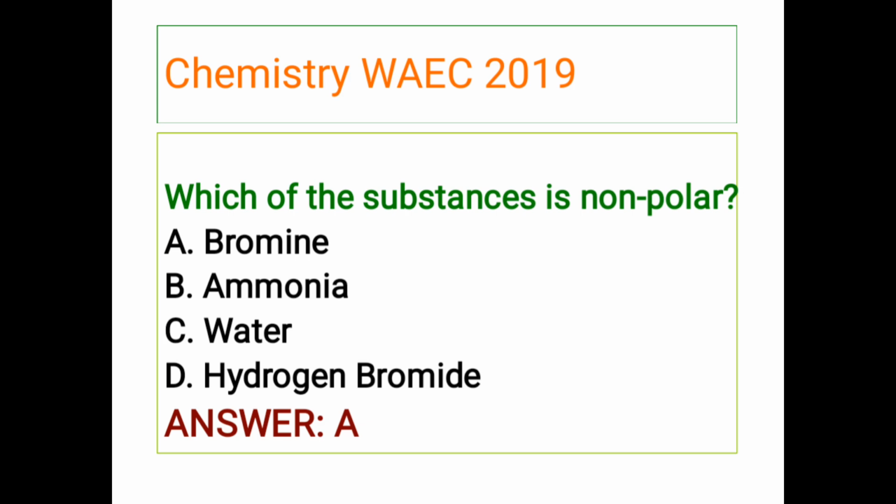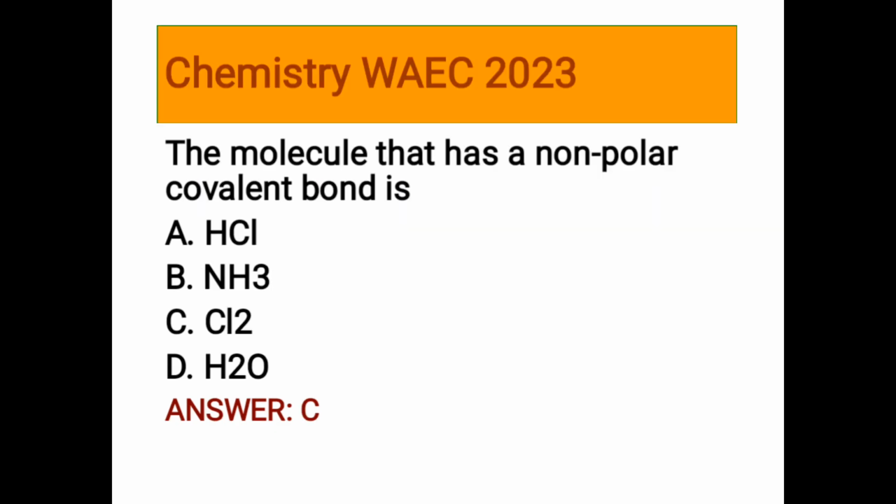So water is also polar. And then for hydrogen bromide, you have positive on the hydrogen, negative on the bromine. Hydrogen bromide is also polar. Only bromine, as Br2 molecules, has no poles. That's why it is non-polar.